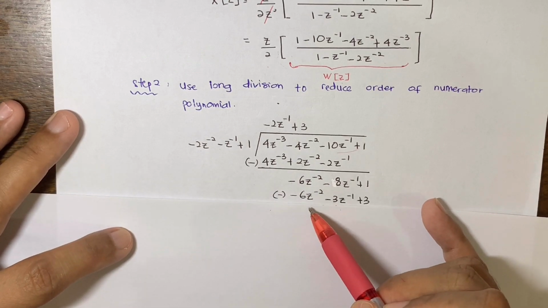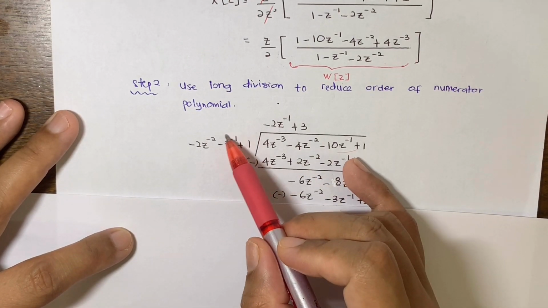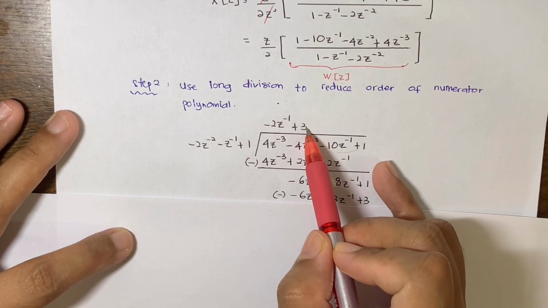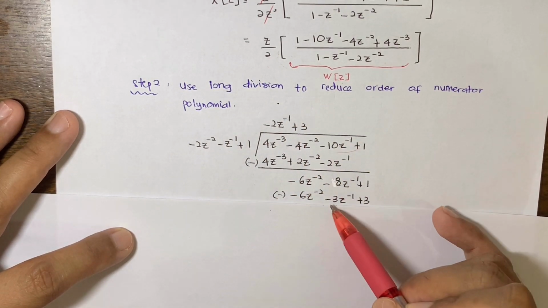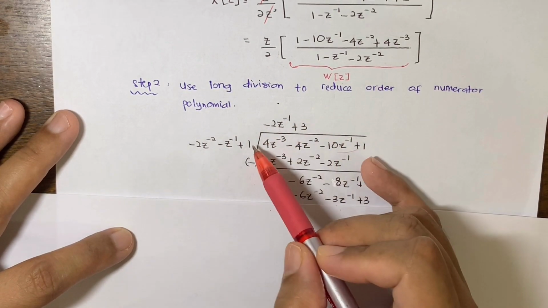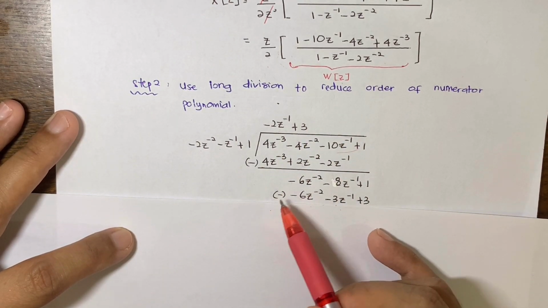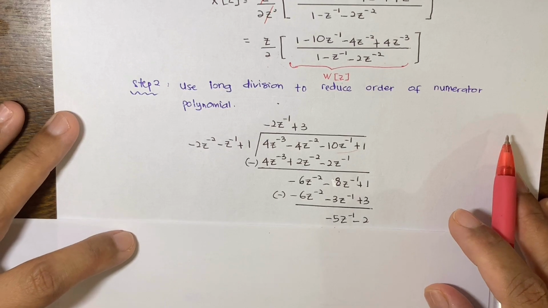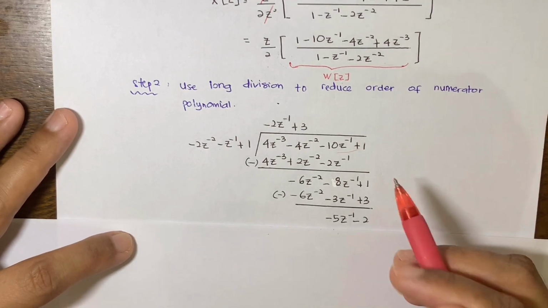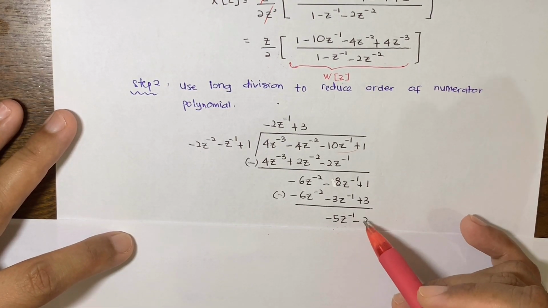The other terms you also multiply by 3: you get negative 3z to the power of negative 1, and 1 multiplied by 3, you get 3. Then minus the whole thing, and the remaining is negative 5z to the power of negative 1 minus 2.